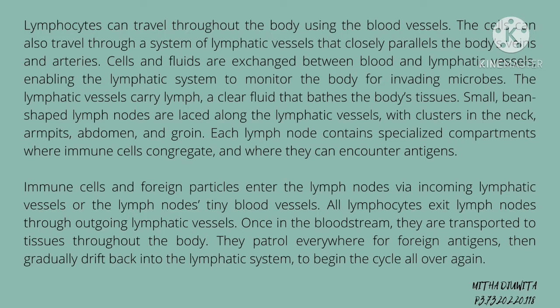All lymphatics exit lymph nodes through outgoing lymphatic vessels. Once in the bloodstream, they are transported to tissues throughout the body. They patrol everywhere for foreign antigens, then gradually drift back into the lymphatic system to begin the cycle all over again.